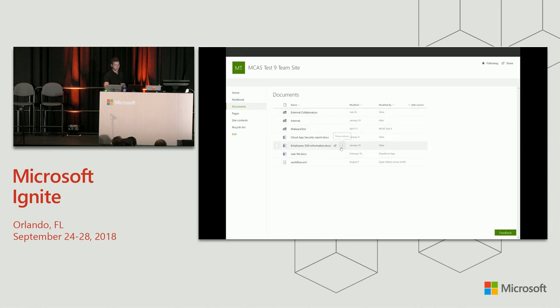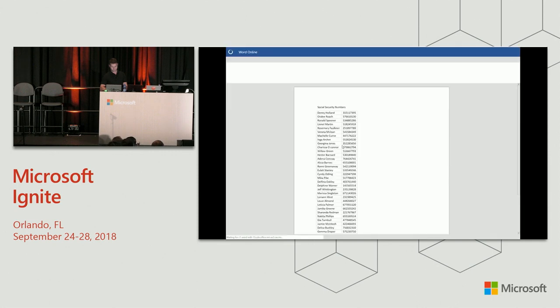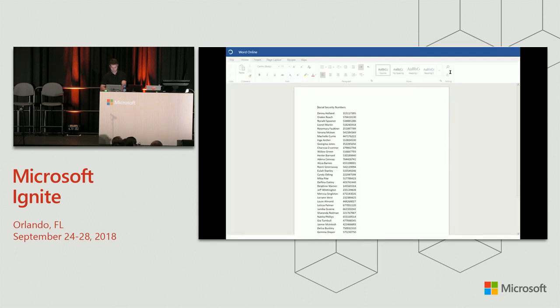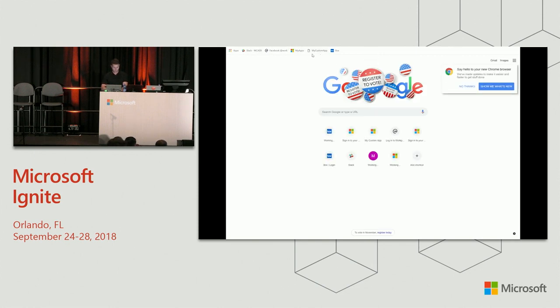And then when we go to the documents, and we see all of the different documents, and we try to download one of the sensitive files, a file that contains social security numbers, and let's just do it again because I clicked on open instead of download.